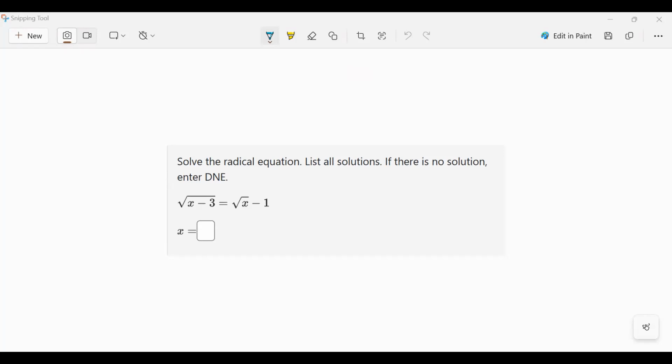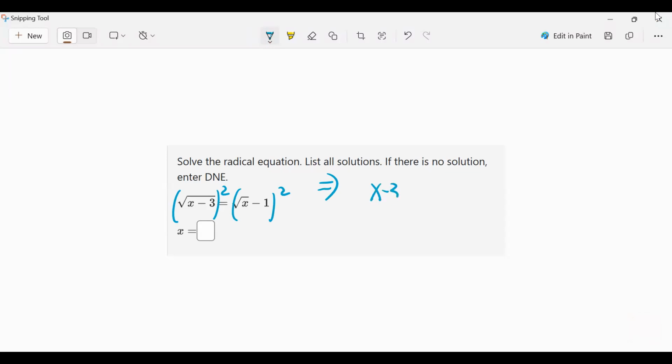All right, so let's go back to that question. Let's figure out a solution here. Okay, so step one, you square both sides of the equation, and we get a much simpler version of the equation.